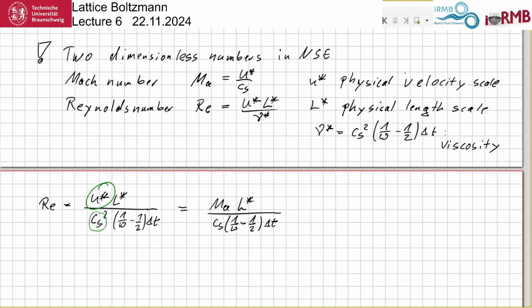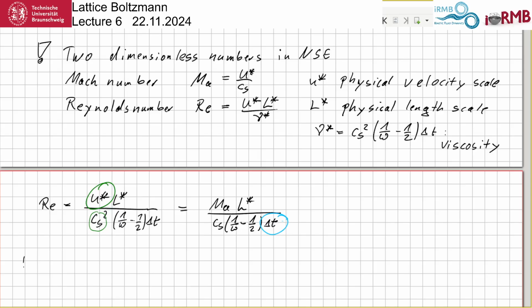So in this thing, everything is scale independent up to delta t. Yeah? L star is the physical outside length, it has nothing to do with the grid spacing. CS is constant, Mach of course is a physical parameter, and Reynolds number is also a physical parameter. So they should be scale independent. The only thing that gives us a scale is delta t, and this is still in it.